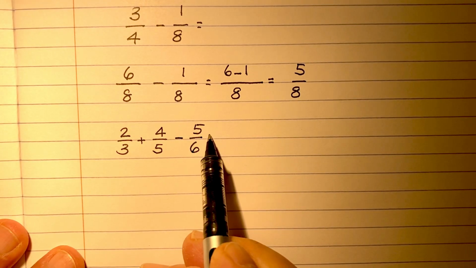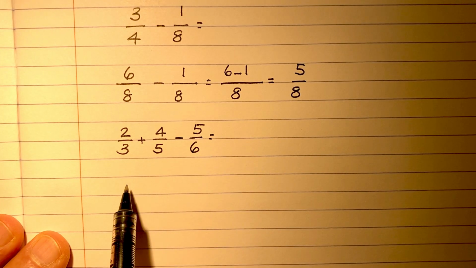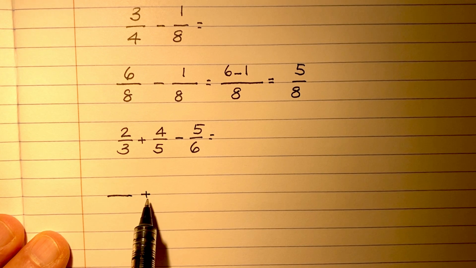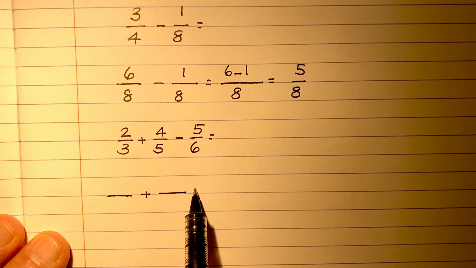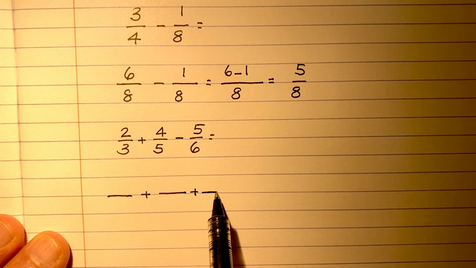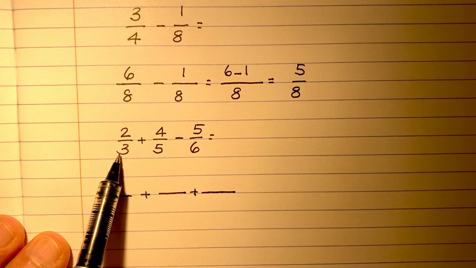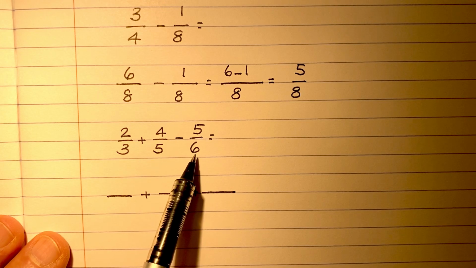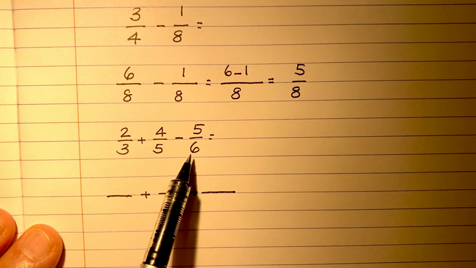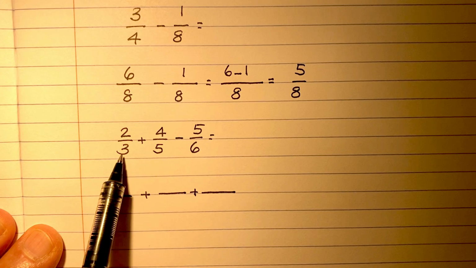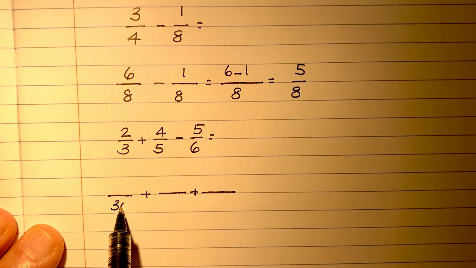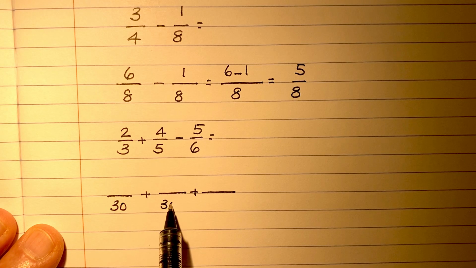Okay, so here you need to again decide what denominator can fit for all of them. Multiples of 3, multiples of 5, and multiples of 6. I think 30 would be the smallest number that they all will reach in their multiples. So 30 would be the denominator for each.